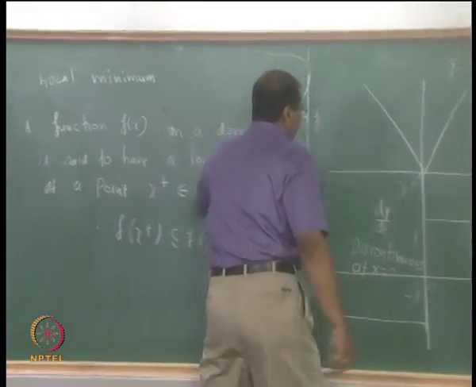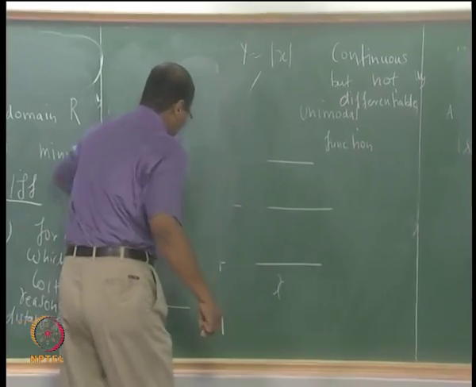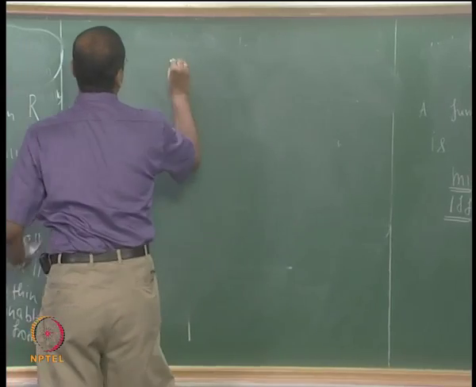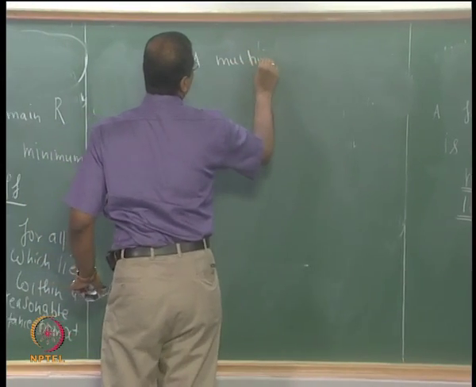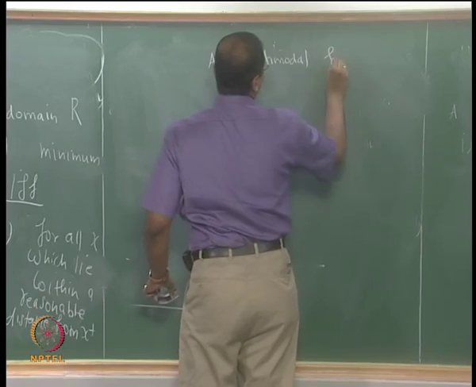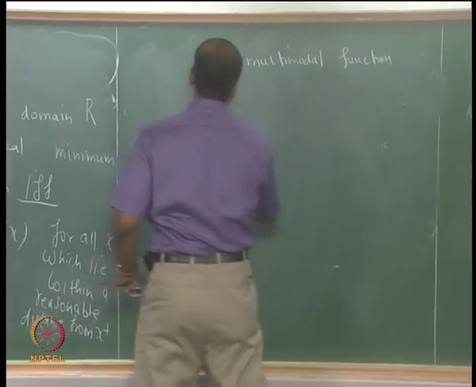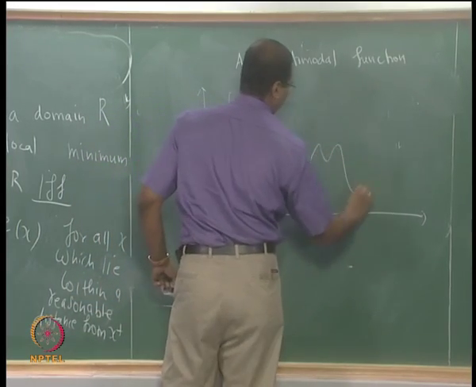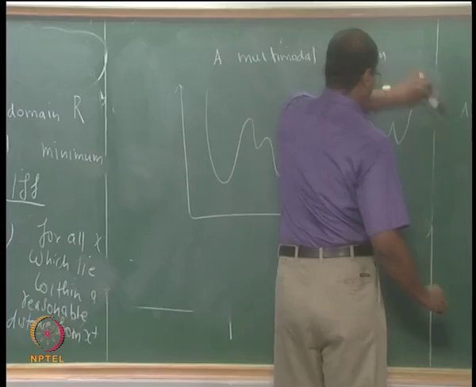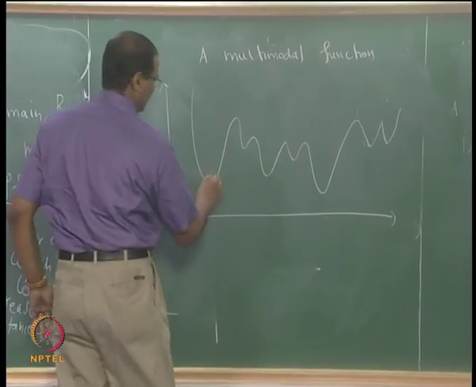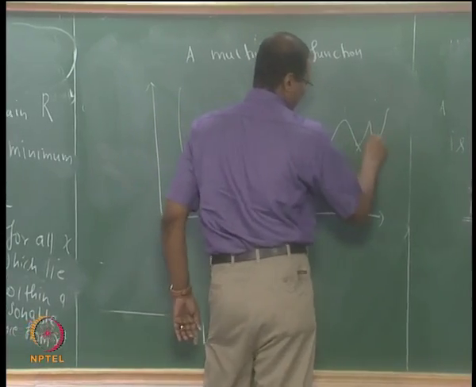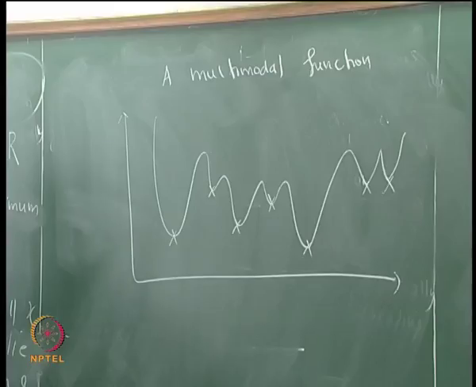One, 2, 3, 4, 5, 6, 7, all are among the 7, 6 are local.